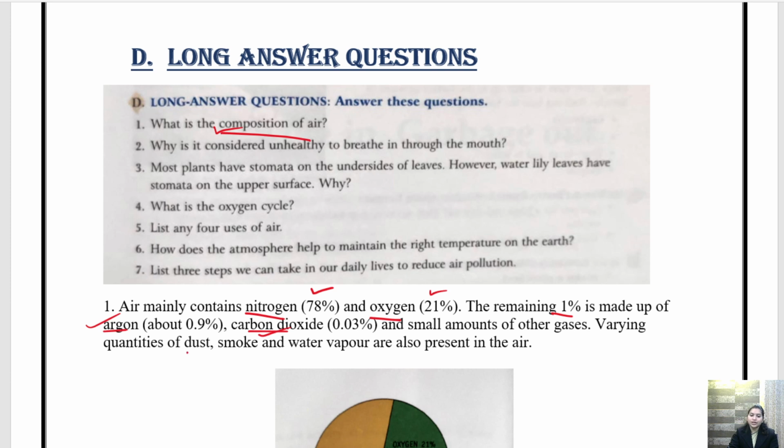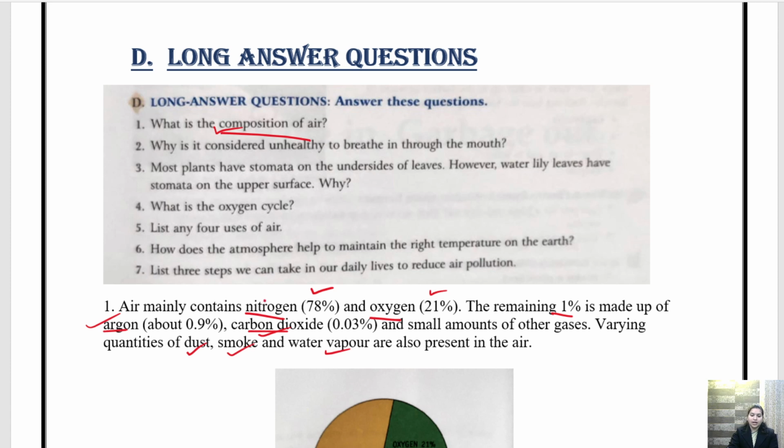It also contains dust, smoke, water vapor. All these things are present in air. Apart from all these things, if certain undesirable substances are present, then the air will be said to be polluted.